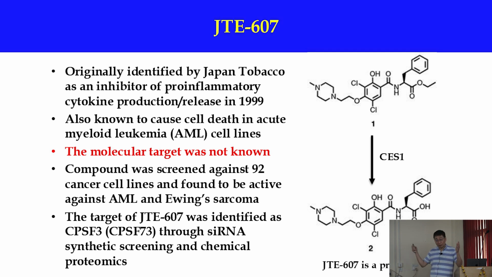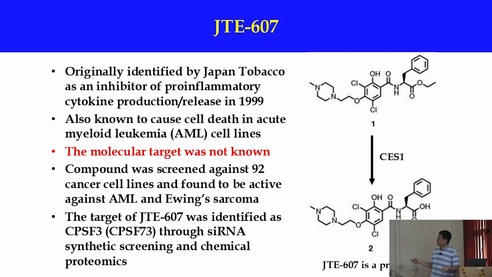Everybody back then was working on anti-inflammatories, which I'll tell you about tomorrow. So this was found as an anti-inflammatory agent based on a cell-based assay, not purified protein, nothing. A basic cell-based assay: you challenge with something, you look for a response.